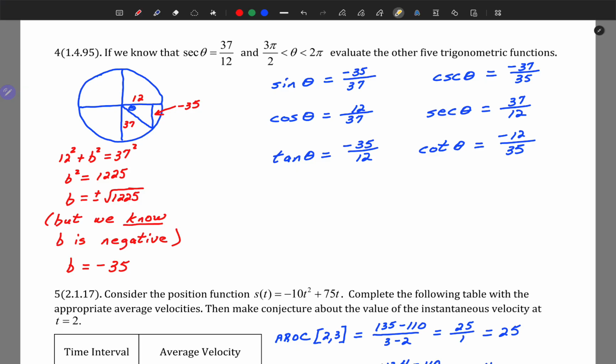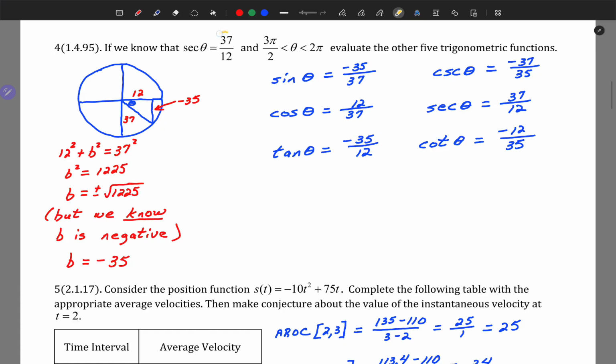So I can say, well, okay, I know that the secant of theta is 37 over 12. I was thinking, well, I know that that's the reciprocal of cosine. Cosine would be adjacent over hypotenuse. So this is hypotenuse over adjacent. So I said, well, this means that this is my hypotenuse, and then that this is my adjacent side.